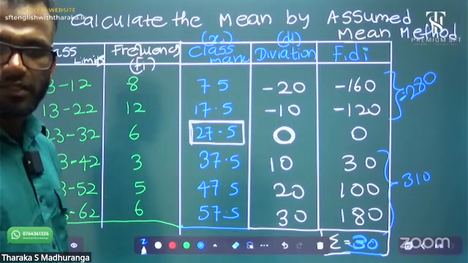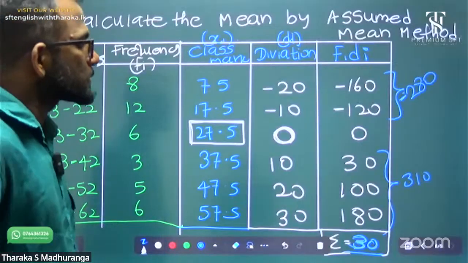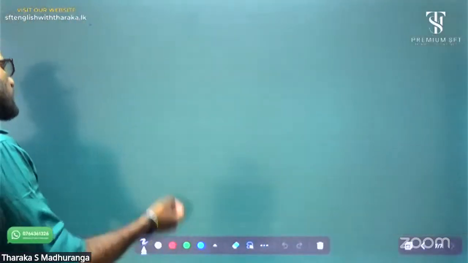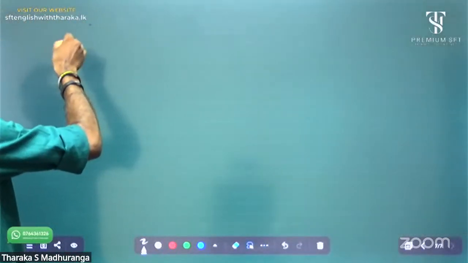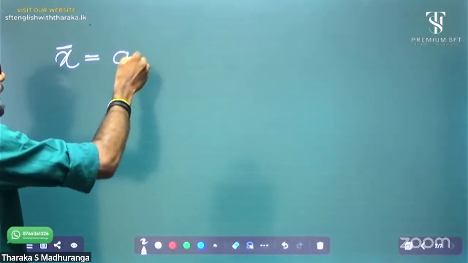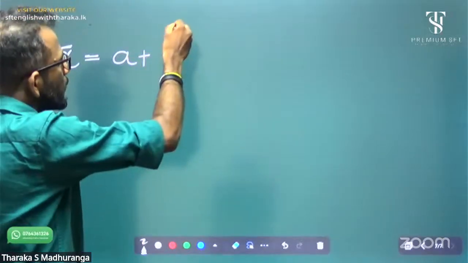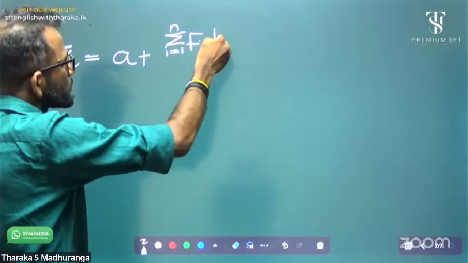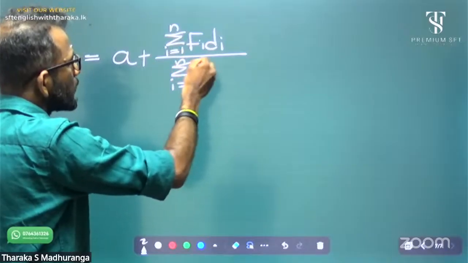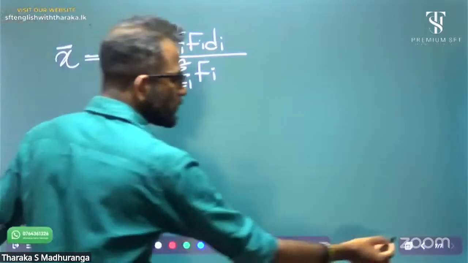Can I go to the next page? Now, the mean x bar using the assumed mean method. This is the equation: A plus sigma i equals 1 to n fi di divided by sigma i equals 1 to n fi. What is the meaning of A?